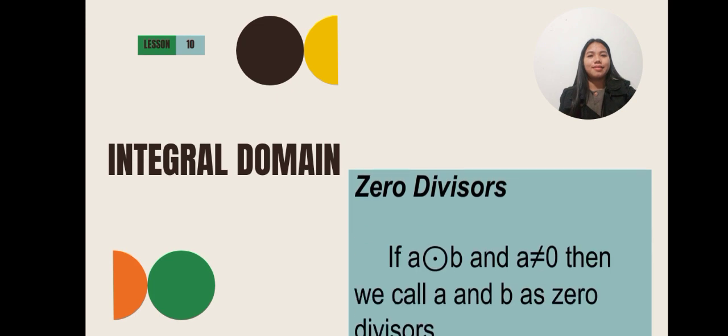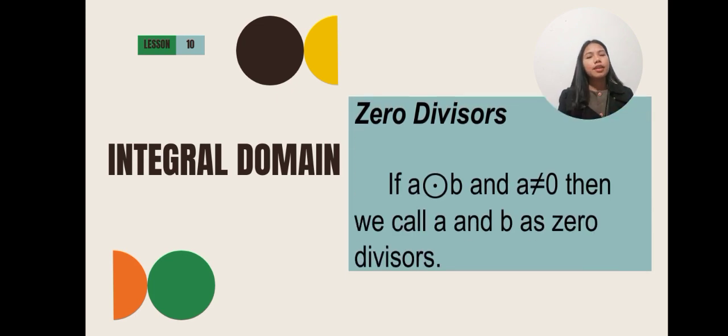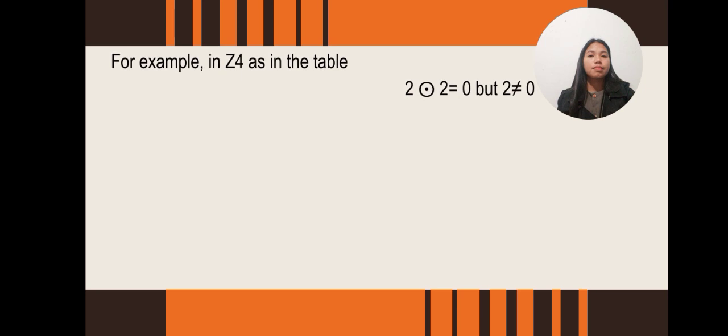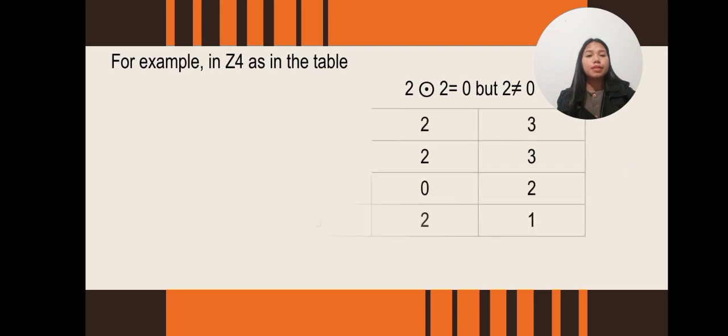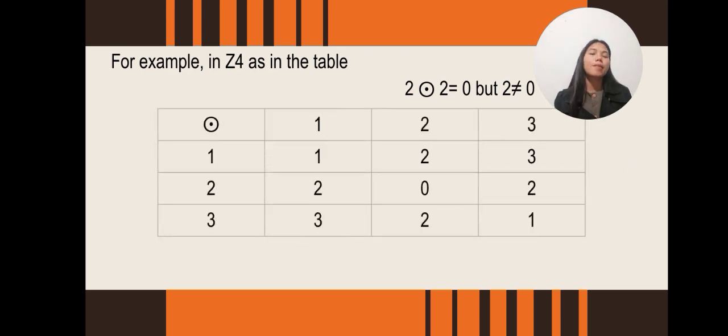Integral domain. In an integral domain, we have zero divisors. We're going to talk about zero divisors. If a Hadamard product b equals 0, where a is not equal to 0 and b is not equal to 0, then we call a and b zero divisors. For example, in Z4, notice the table below.